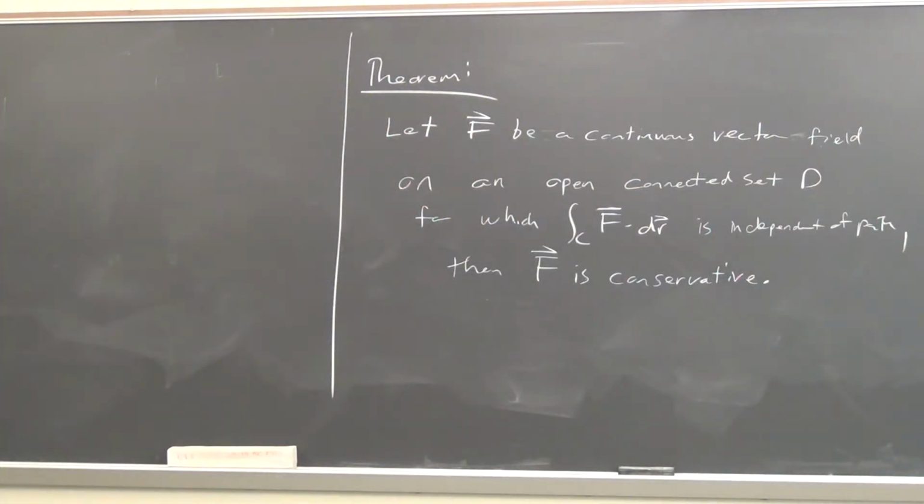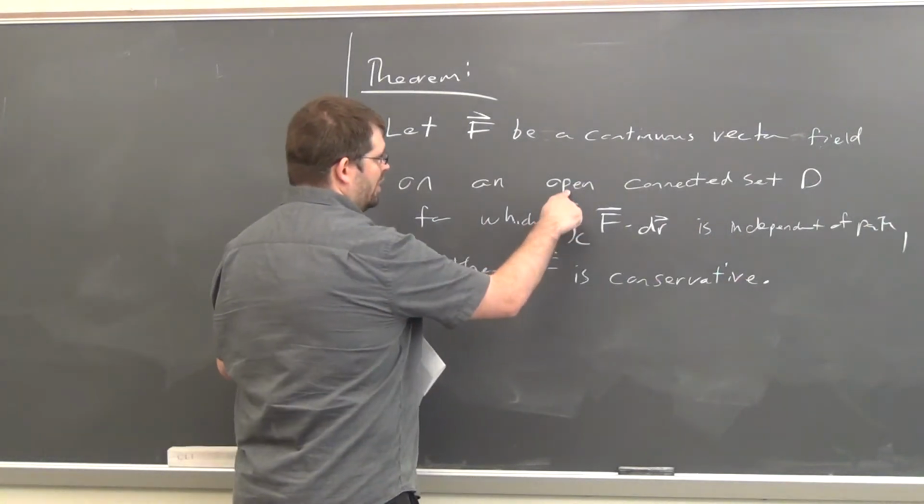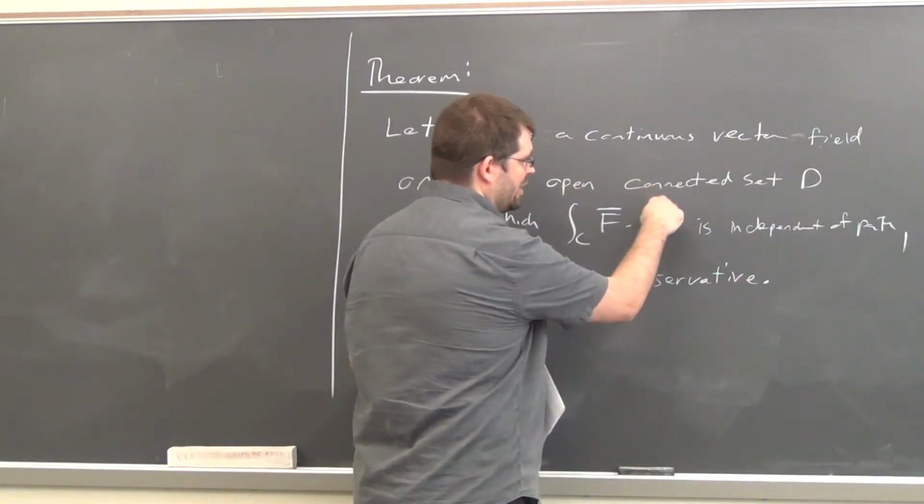Okay, so there's the converse: being independent of path implies you're conservative. And the only tiny caveat in there is it's assuming you're on an open and connected set.